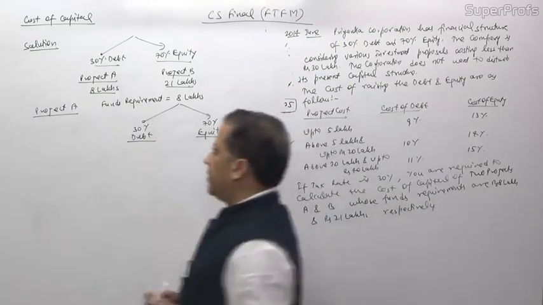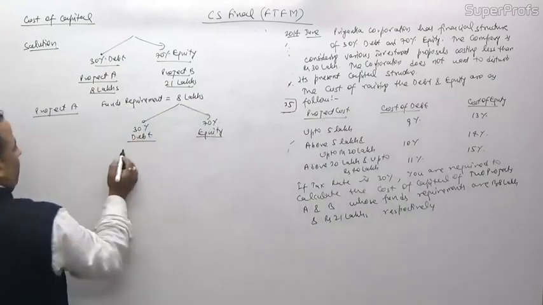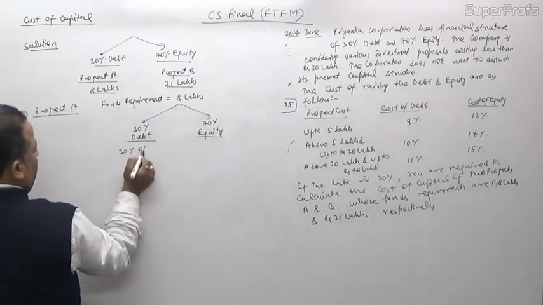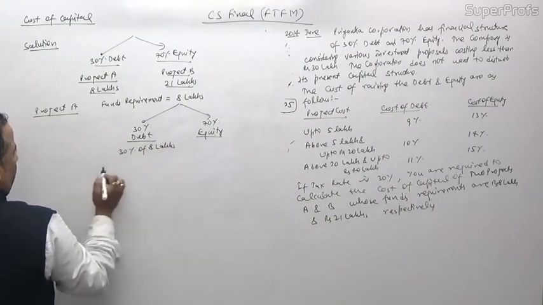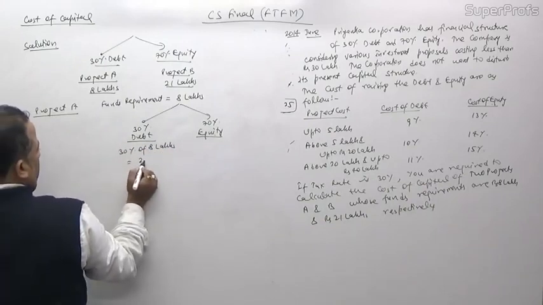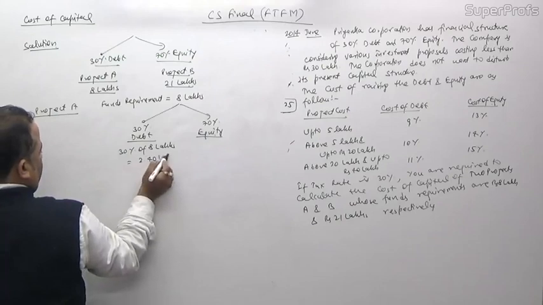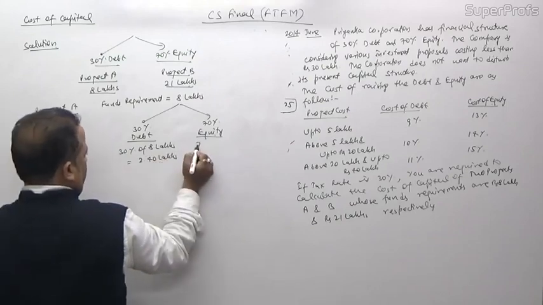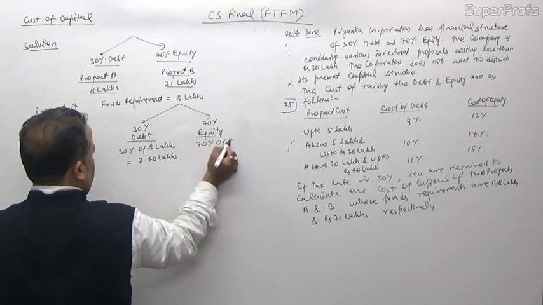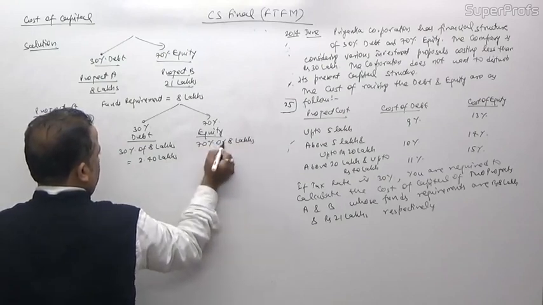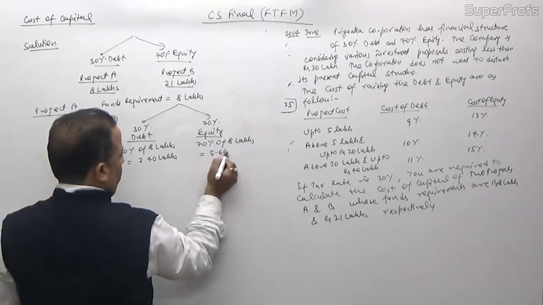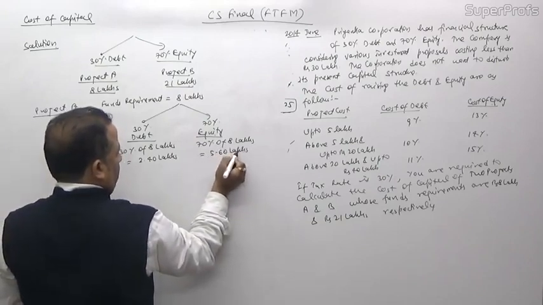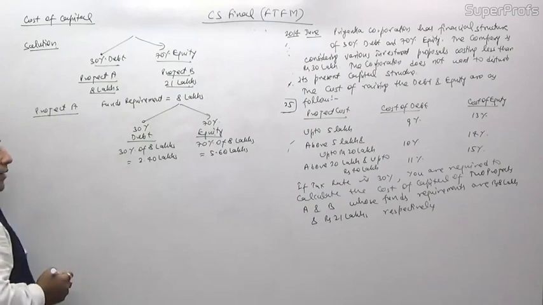So 30% of 8 lakh, because the fund requirement is rupees 8 lakh for project A, is 2.40 lakhs. And 70% of 8 lakh is 5.60 lakhs.